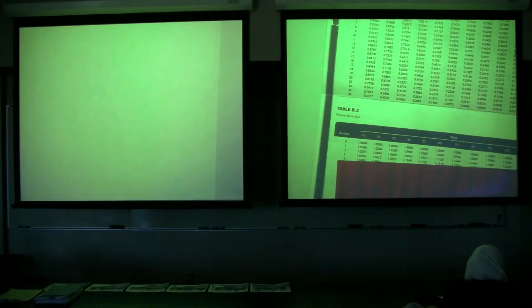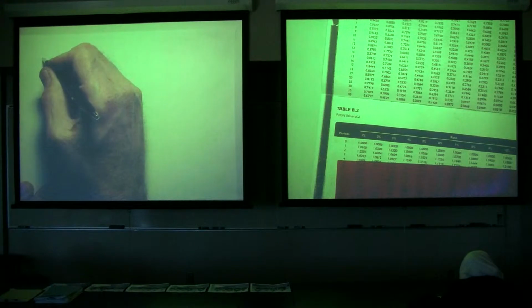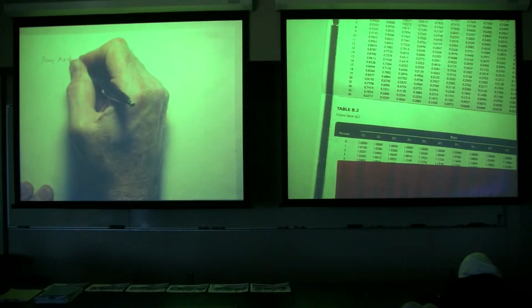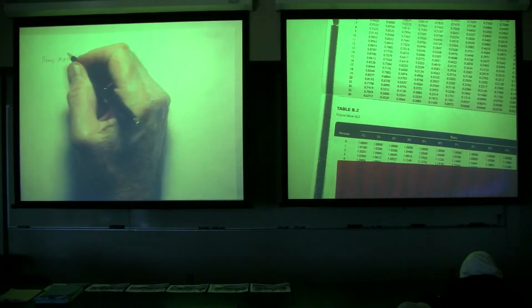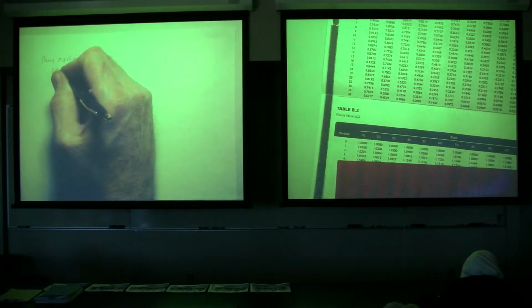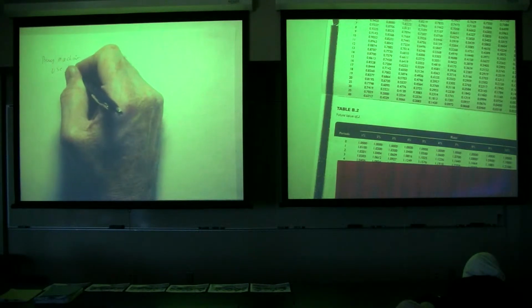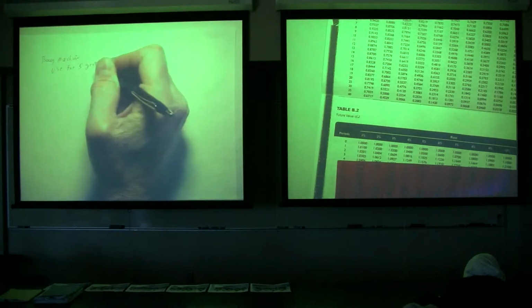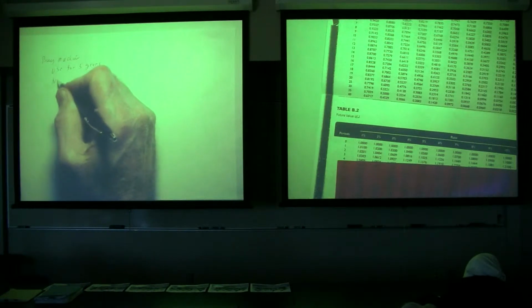You're considering buying a machine, okay? So, should I buy this machine? Now, you're going to use it for 5 years. There's no salvage value.